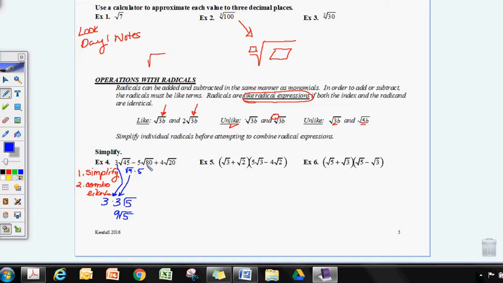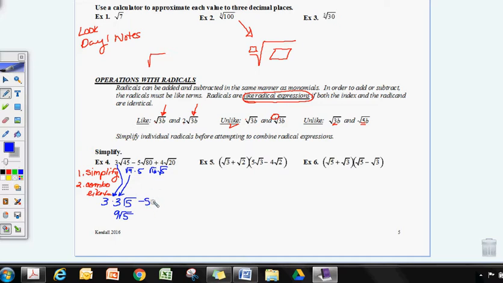Okay, so now 80. I'm thinking back to that list that I made up on the top. 80 turns into square root of 16 times square root of 5. So there's a 5 on the outside, so that minus 5 stays there.